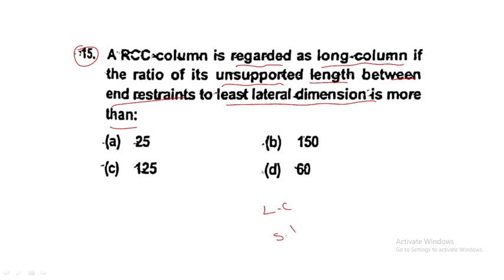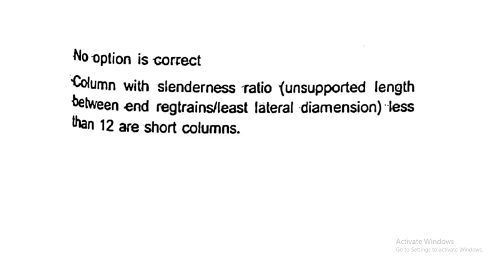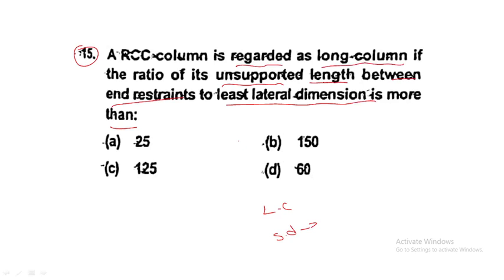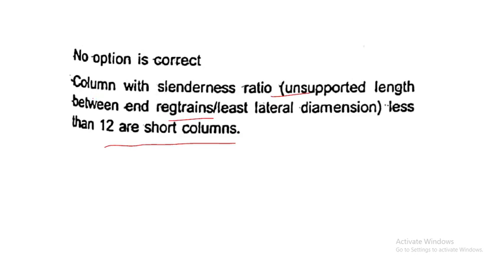That is the slenderness ratio they are talking about. A column with a slenderness ratio less than 12 is a short column. Now in the question they have not given the 12, so either the question or the options must change. They may give grace marks or they may give the correct answer.